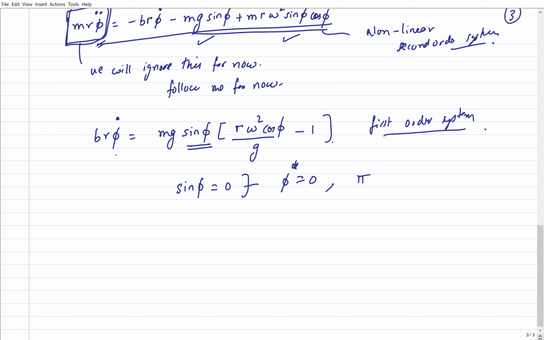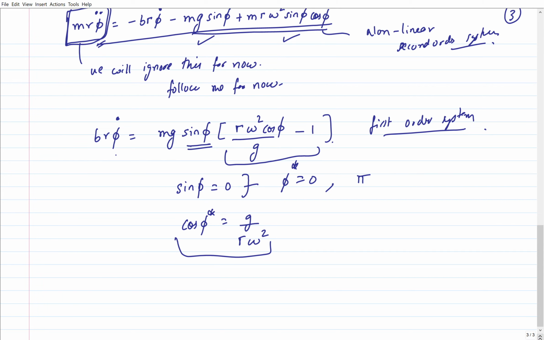And of course, due to this term, I'll have another set of fixed points, cos phi star equals g over r omega square. When these conditions are met, we have another set of fixed points.